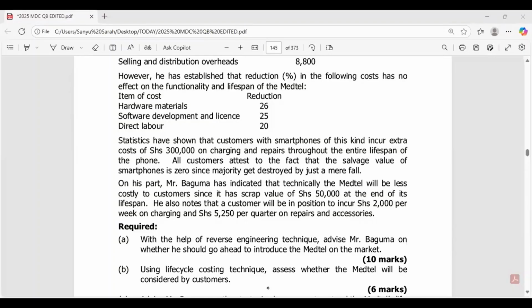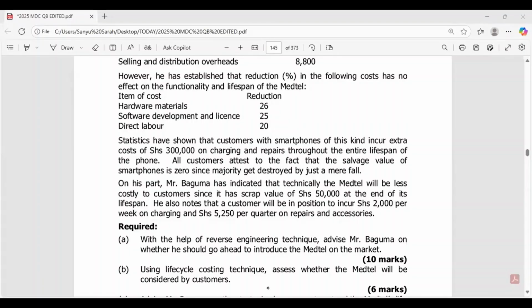On his part, Mr. Baguma has indicated that technically the Medtel will be less costly to customers since it has a scrap value of 50,000 at the end of the lifespan. He also notes that a customer will be in a position to incur 2,000 per week on charging and 5,250 per quarter on repairs and accessories.